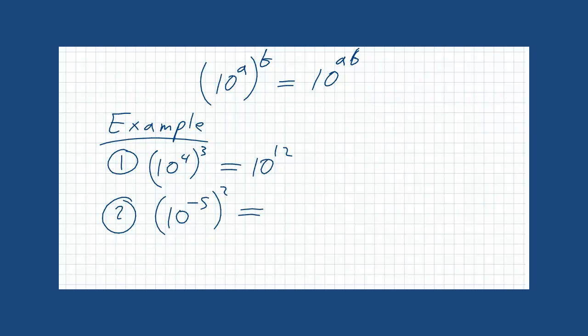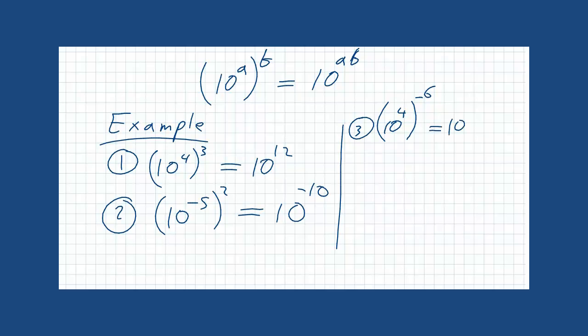This is going to be 10 to power negative 2 times 2, which is negative 10. Example 3, 10 to power 4 raised to power negative 6 is going to be 10 to power negative 24.